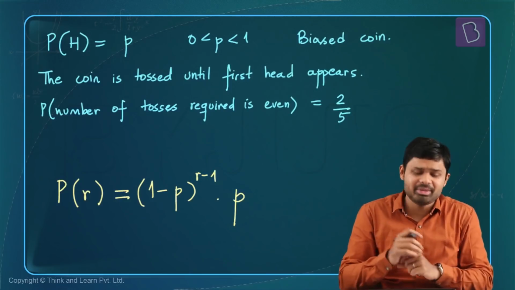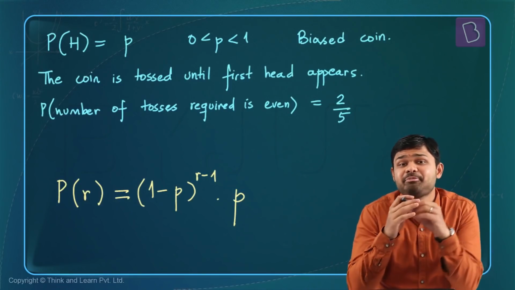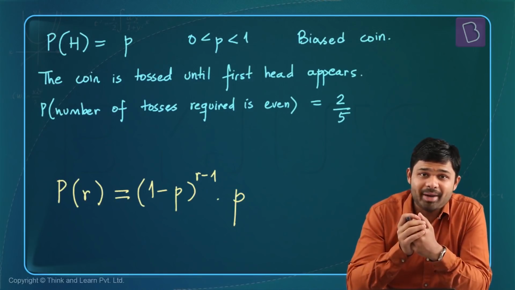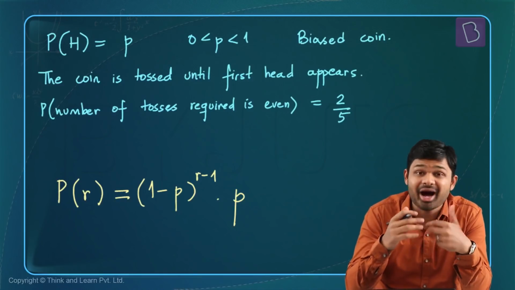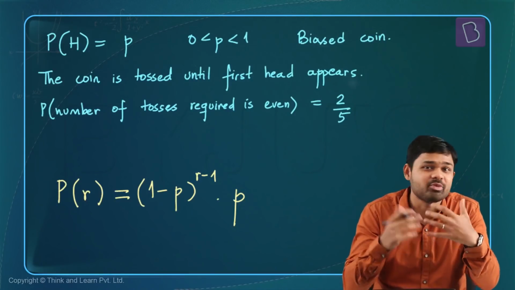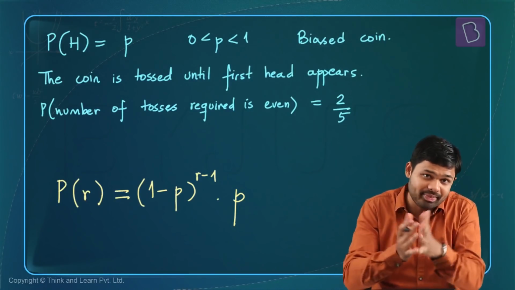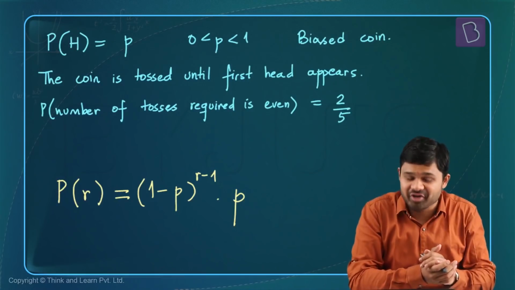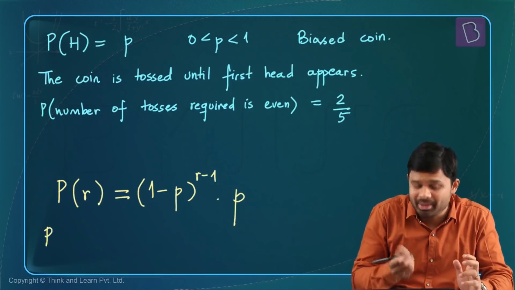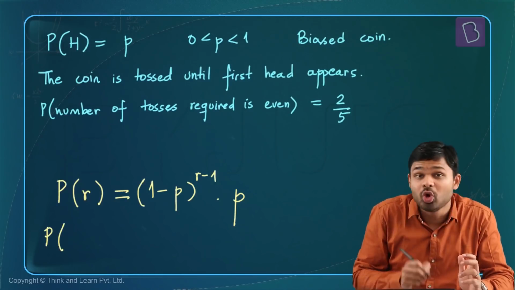Now our favorable outcome here is the number of tosses is even. So for that to happen, you could have gotten r equal to 2, or r equal to 4, or r equal to 6, and so on, and that would have gone on forever. So what is the probability of favorable outcome? Well, that is going to be equal to 2 by 5.